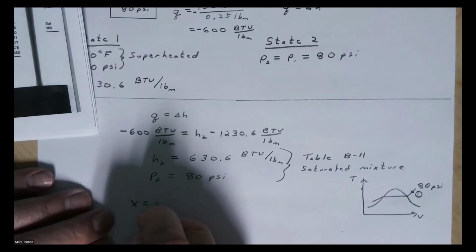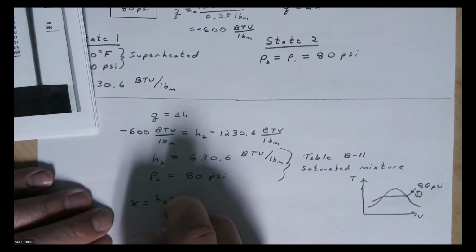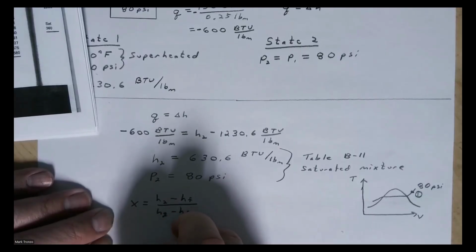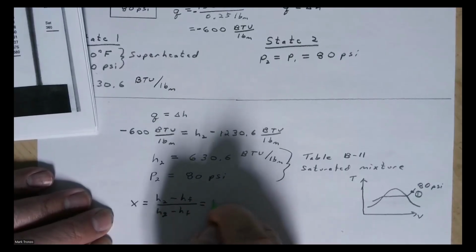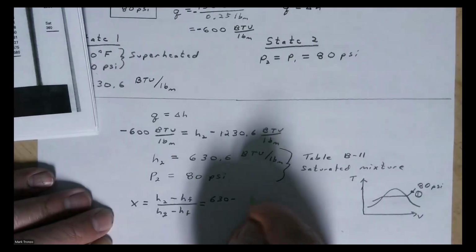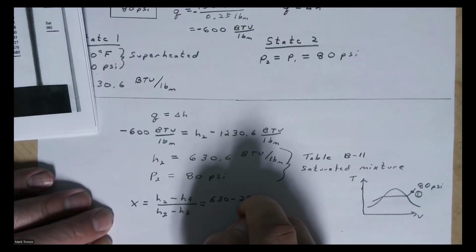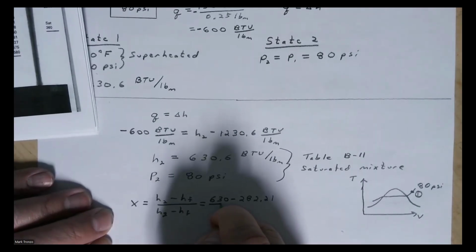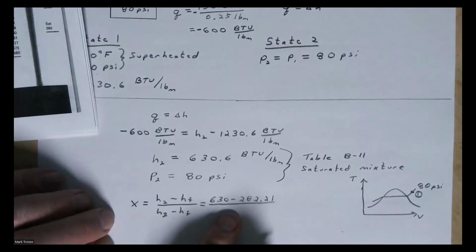And so if we calculate our H2 minus our HF, divided by our Hg minus HF, these all have the same units, so I'm not going to write down the actual units here.